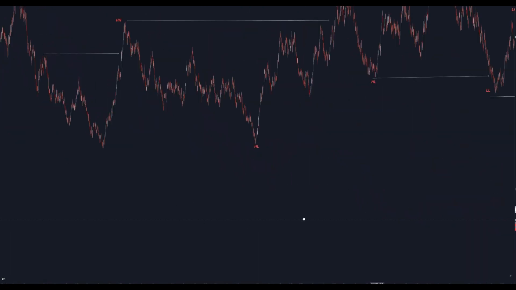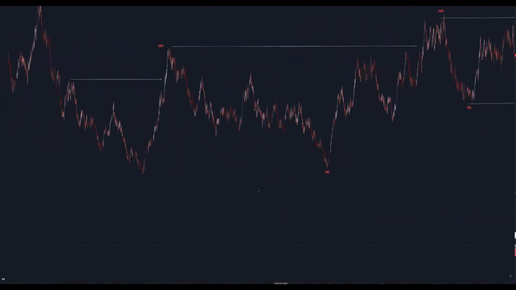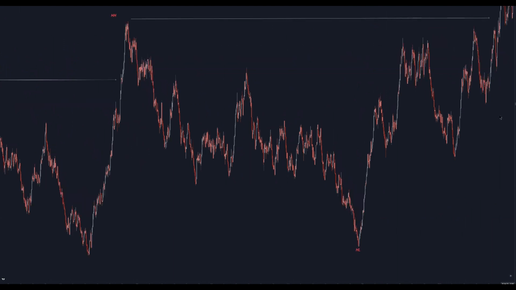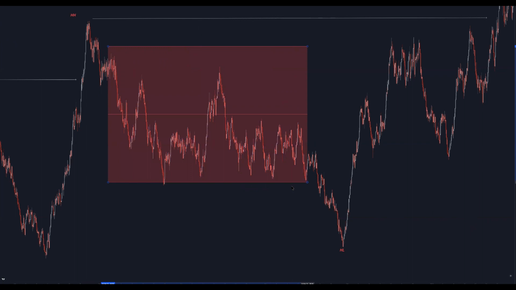So now let me look quickly for an example, a quick description of a ranging market. Now, it's not picture perfect, but I will use this example so that you can easily understand what I mean. If you look at this price range from here, you can see that price was consolidating at these areas.